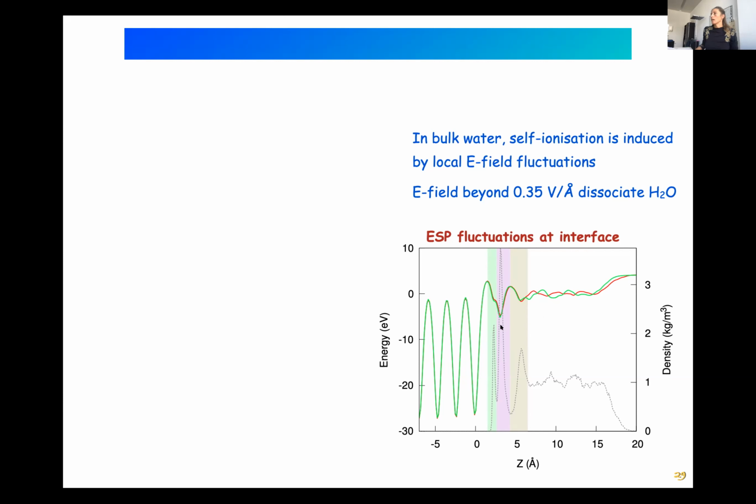This is the electrostatic potential calculated via Mulliken charges integrated over the trajectory. So exactly at the interface, we have a fluctuation, a change in the electrostatic potential, and we think this is the trigger to this very short-lived water dissociation.